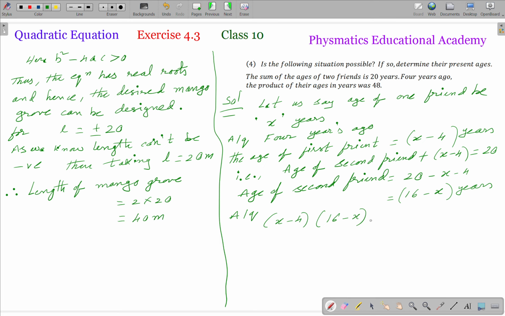Now, according to the question, the product of their ages is equal to 48.